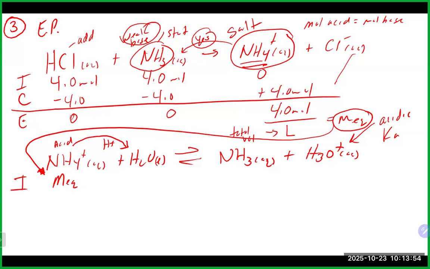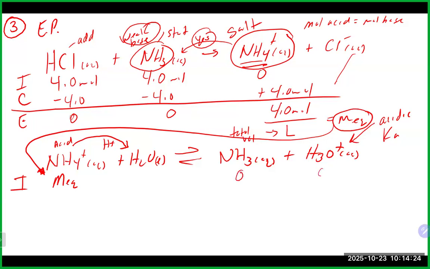And again, as I mentioned before, this is really why it's very important, after the first ice table, to convert it back to molarity, because you probably don't want to run into this table in moles, because you probably will end up with the wrong answer because you'll forget about the volume part of it. So by just converting it back to molarity after the first ice table, you don't have to worry about the units and stuff. You're going to be in the right units to go on to do your hydrolysis. You can just drop it into the next table.